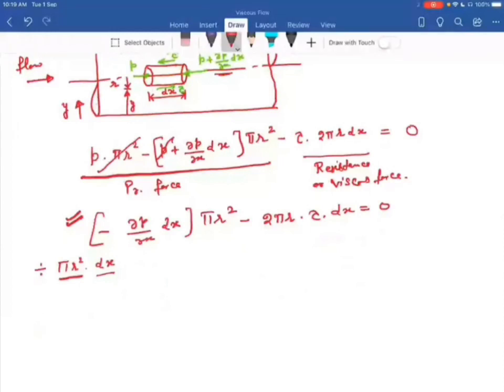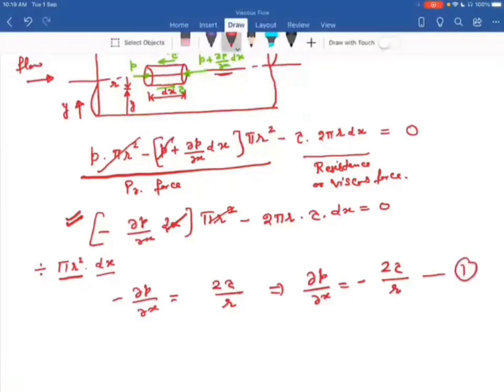The first term is minus ∂P/∂x, and this is equal to minus 2 tau by r. No, not minus. So I can write it as ∂P/∂x equal to minus 2 tau by r. Say this is equation number 1.